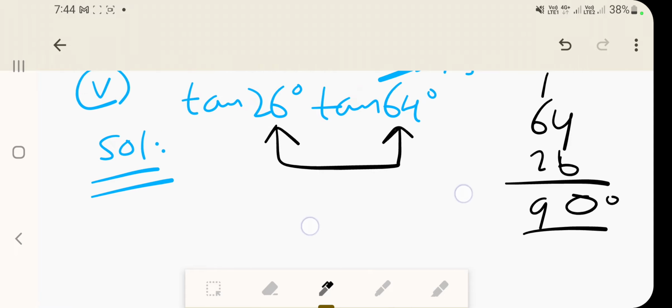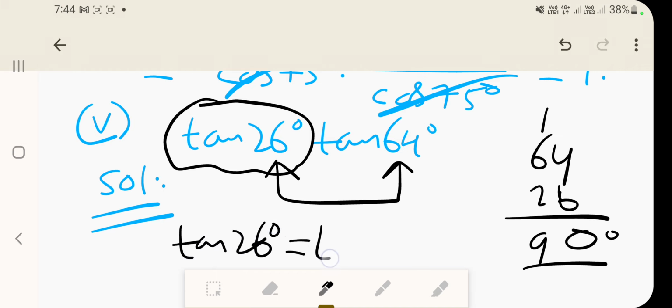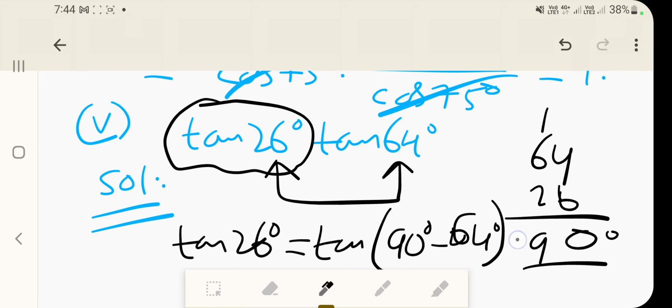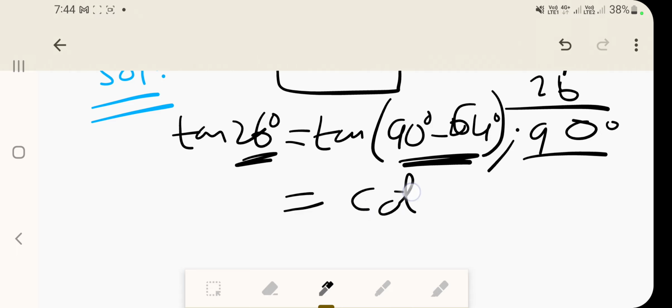So now again, as I said, any one of them you have to change or replace. Tan 26 can be written as, in place of 26 degrees we can write tan 90 minus 64. This 26 can be written as 90 minus 64 degrees. Now tan 90 minus theta is nothing but cot theta, that is cot 64.